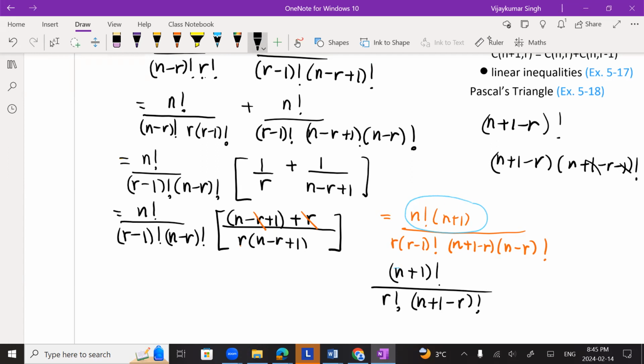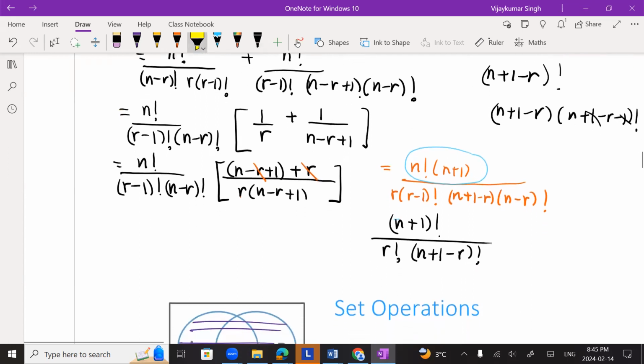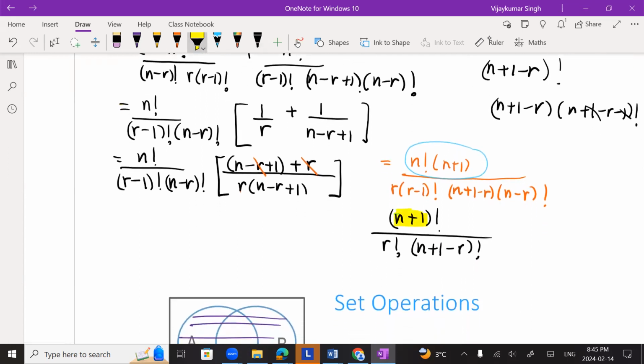Because you have n factorial times n plus 1. That becomes (n plus 1) factorial, no? Yeah, you combine them together, right? So now, think about this as a box. We have box choose r. Isn't it? This is the same as (n plus 1) factorial.